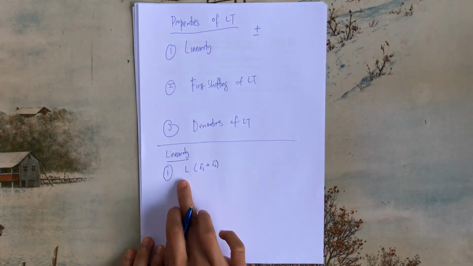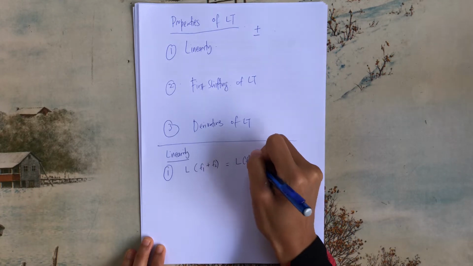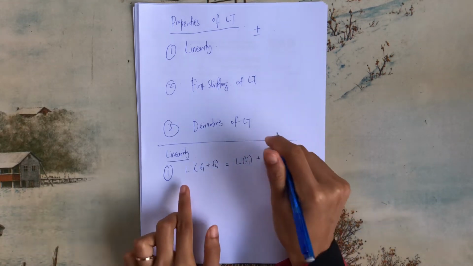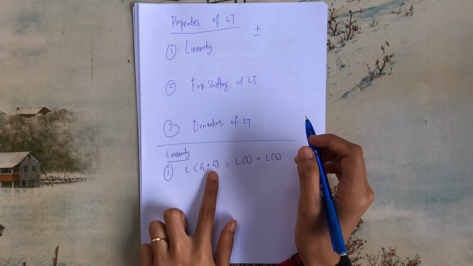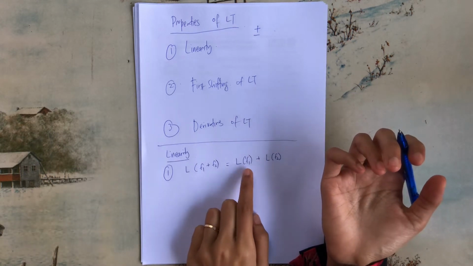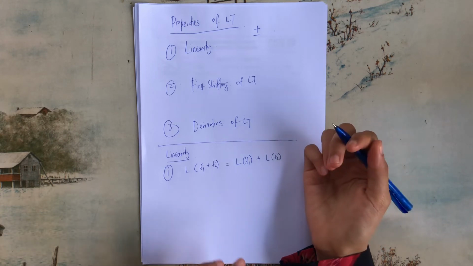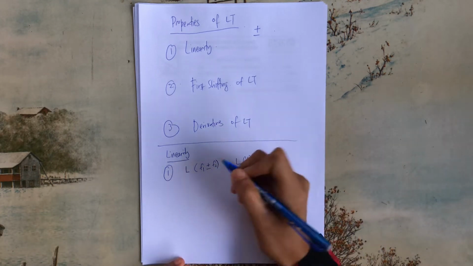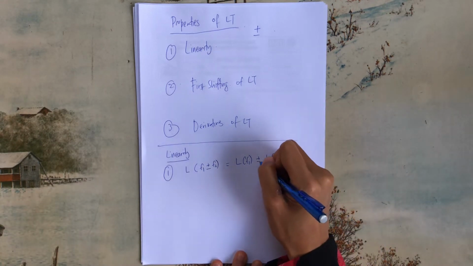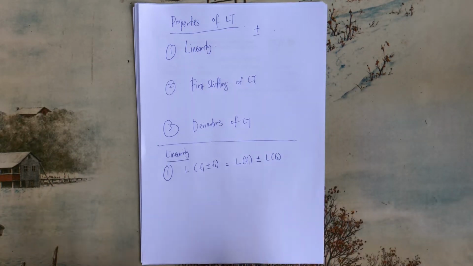The Laplace transform for f1 plus f2 is given by, we can split it into two: the Laplace transform for f1 plus the Laplace transform for f2. This is the linearity property. Other than plus, it can also be minus. The Laplace transform for f1 minus f2 is the Laplace transform for f1 minus the Laplace transform for f2.